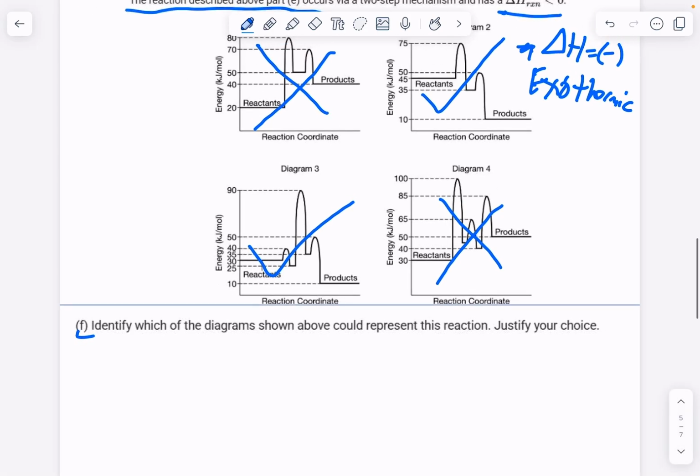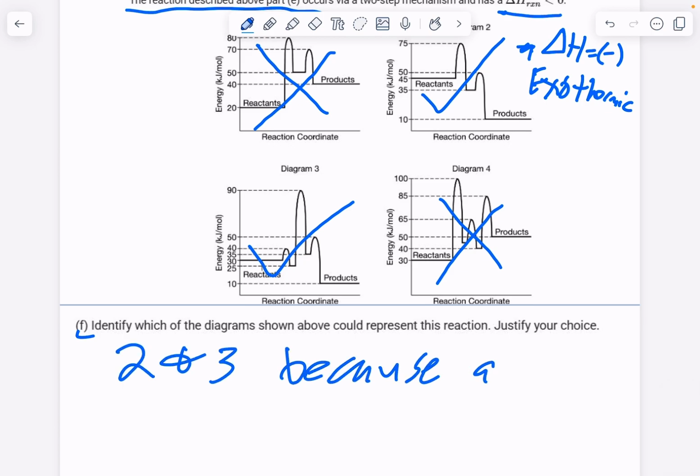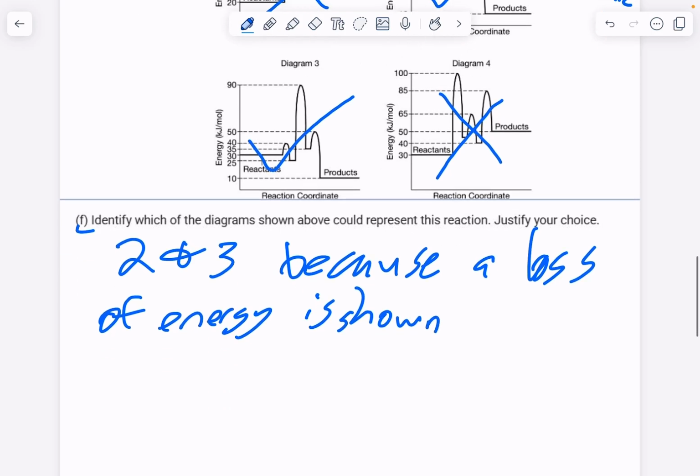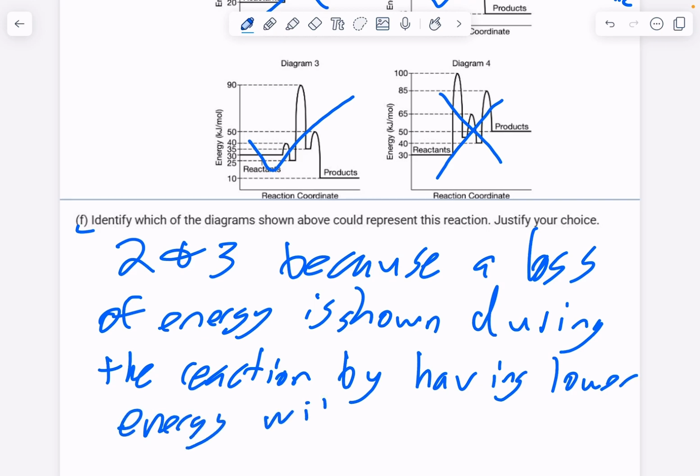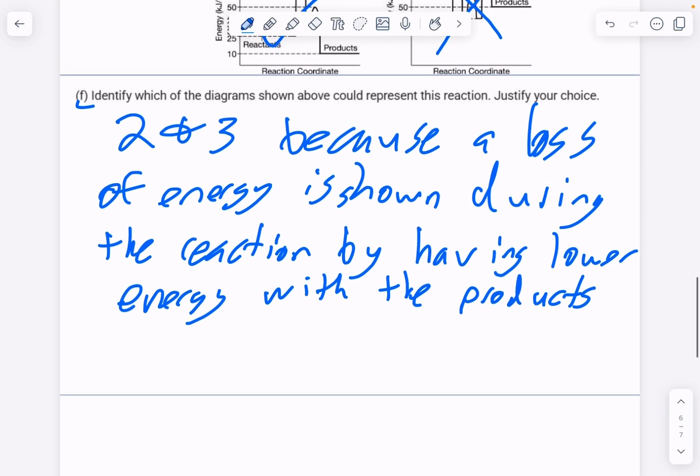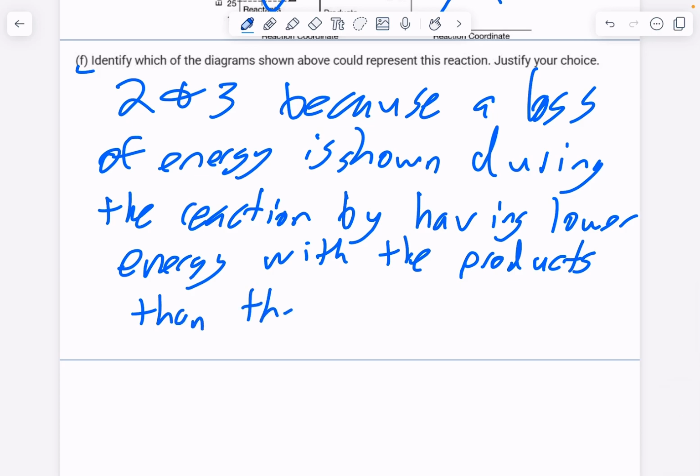So we would say diagrams 2 and 3, because a loss of energy is shown during the reaction by having lower energy with the products than the reactants.